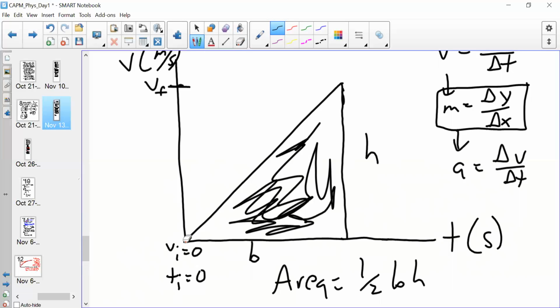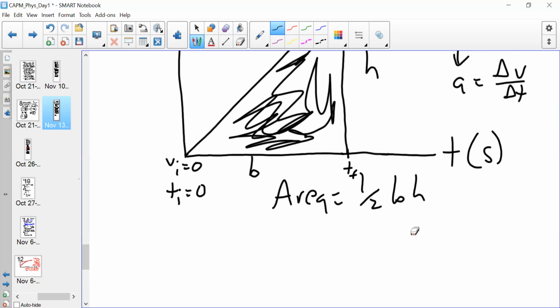We're going from ti equals 0, x-axis, to some final time. Who cares what it is? It's just t final. No, it's not 0. So in math, this is an arbitrary 1/2 base times height, but we translate that physically to this form here. So we got 1/2. The base here will be an addition from the initial time to final time.